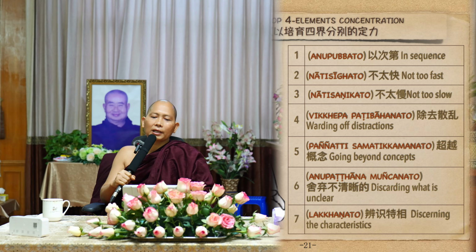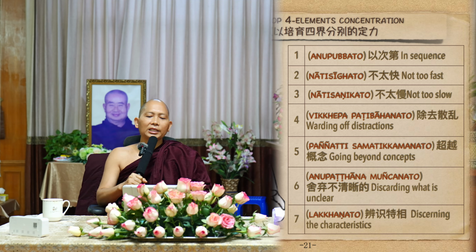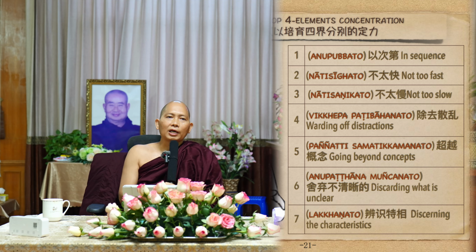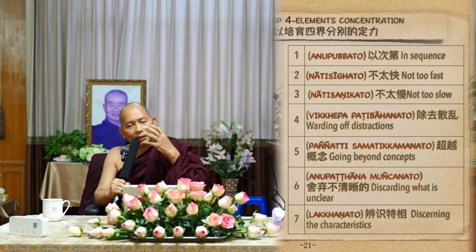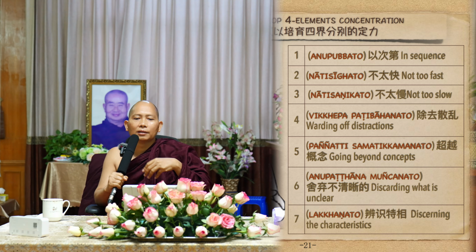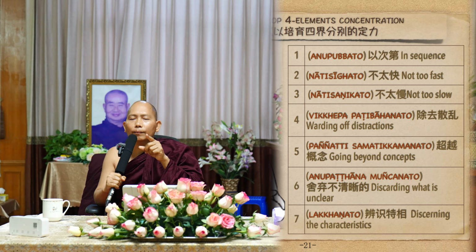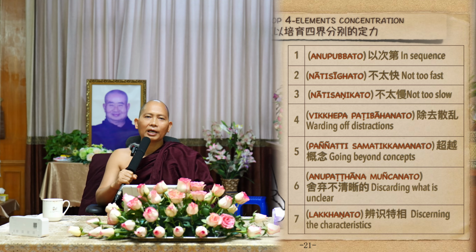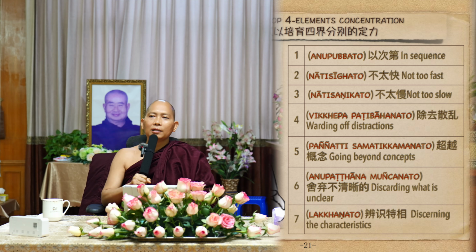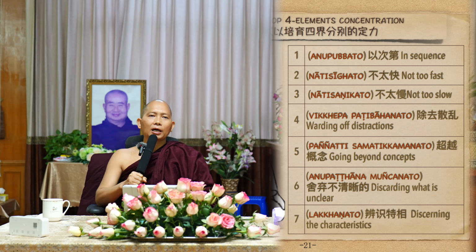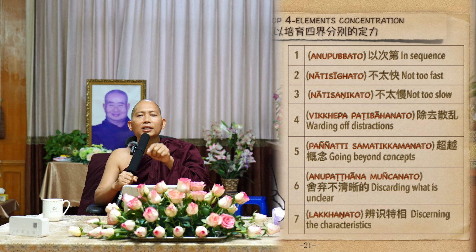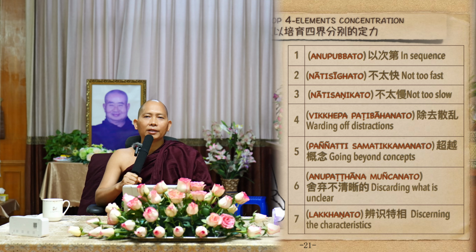The number 7, Lakkhana Manasikara, discerning the characteristics, the natural characteristics. That means you are discerning the respective characteristics only, not recitation. Okay, lakkhana emphasizes the respective characteristics. For example, Pathavi Dhatu Kakkhalatta Lakkhana: hardness is the characteristic of the earth element. You just pay attention to the hardness only for the earth element.